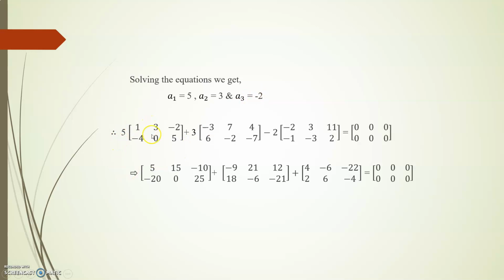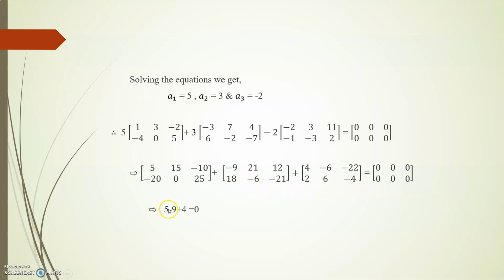Multiplying 5 inside the first matrix, we get 5, minus 15, minus 10, then minus 9, 21, 12, then 4, minus 6, minus 22. Then the second row, minus 20, 0, 25, then 18, minus 6, minus 21, plus 2, plus 6, then minus 4, with all the elements equal to 0.